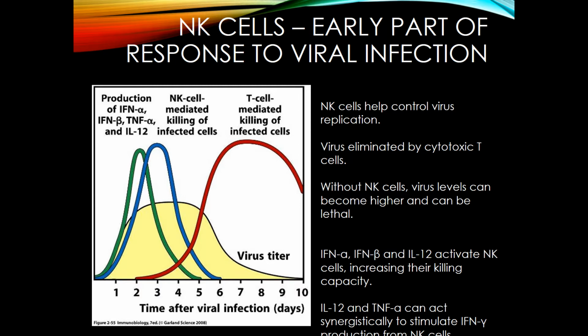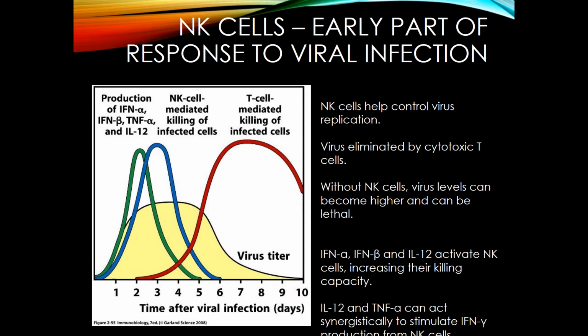And then you see first there will be a production of interferon alpha and beta and TNF alpha and IL-12. A lot of those are from those infected cells. And those help stimulate natural killer cells, and natural killer cells will come in and hopefully control the virus infection.